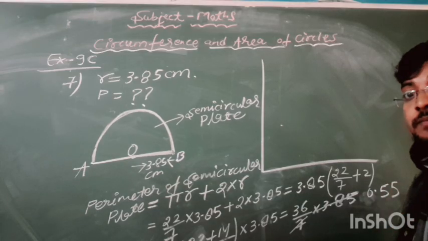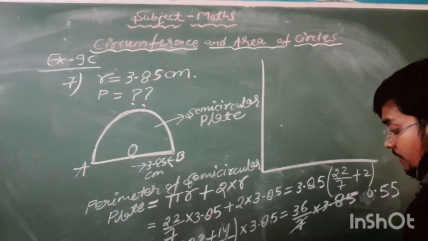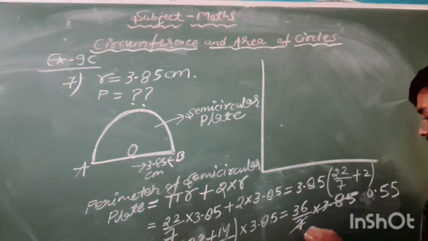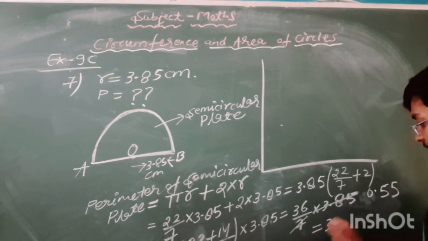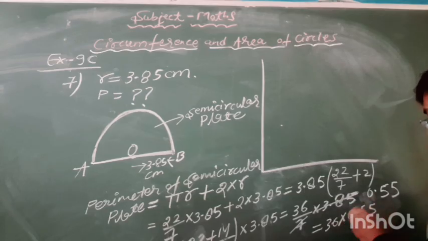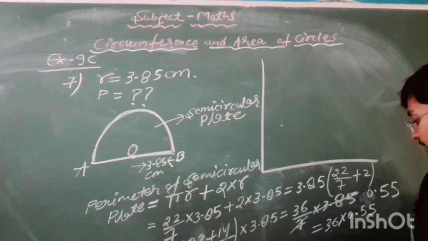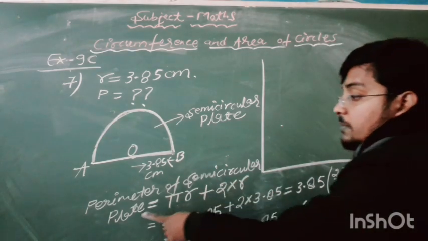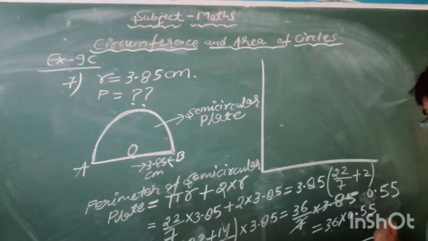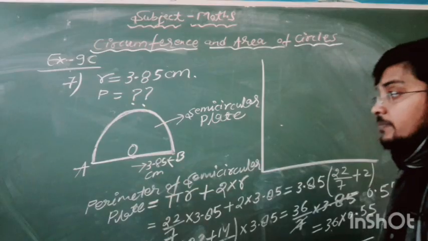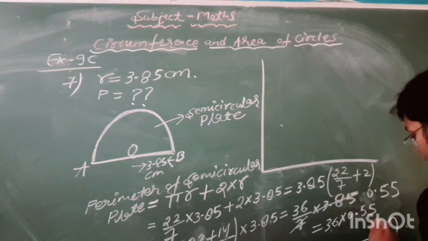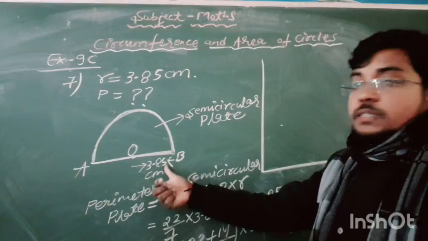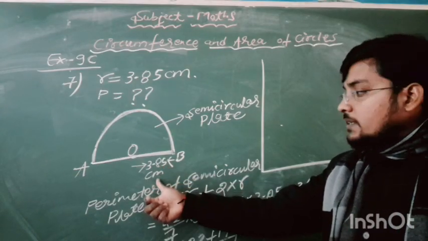It means 0.55. So we get 36 into 0.55, and the product of 36 and 0.55 is the perimeter of the semicircular plate, and it is in centimeter, because the radius of the semicircular plate is given in centimeter.